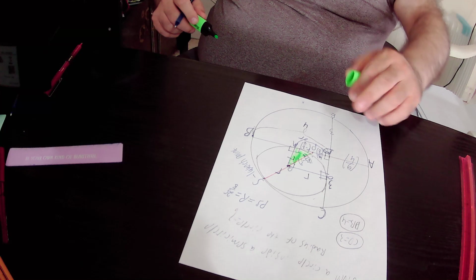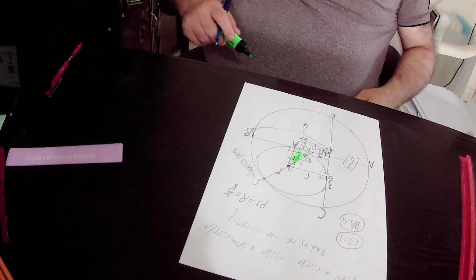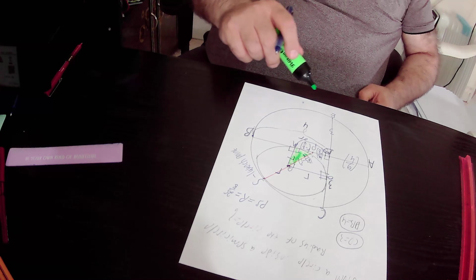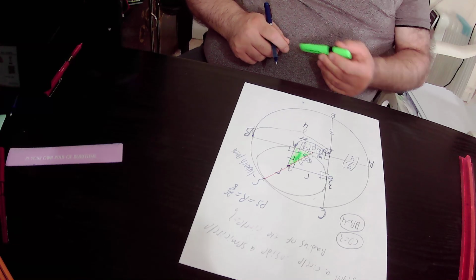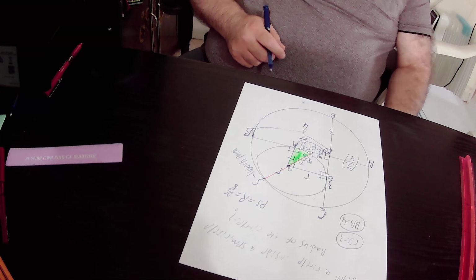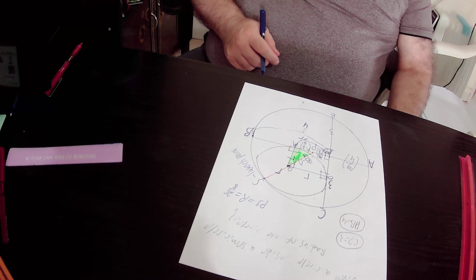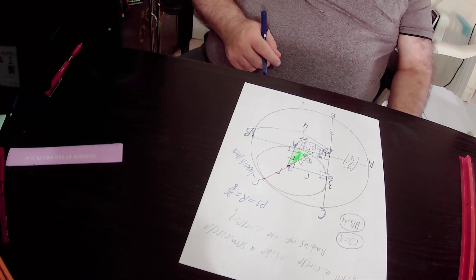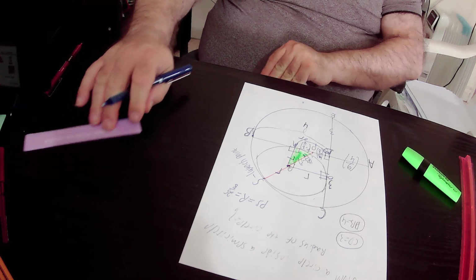I'll copy the right green triangle QPM in a new page, and we will implement the Pythagoras theorem on this right green triangle QPM. As you can see from the drawing, the only missing variable in this triangle is small r, and we'll find out the value of small r by implementing the Pythagoras theorem on this green right triangle QPM. Okay, so I'll copy the right triangle QPM in a new page.